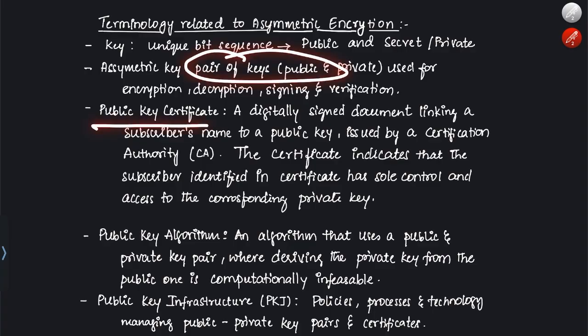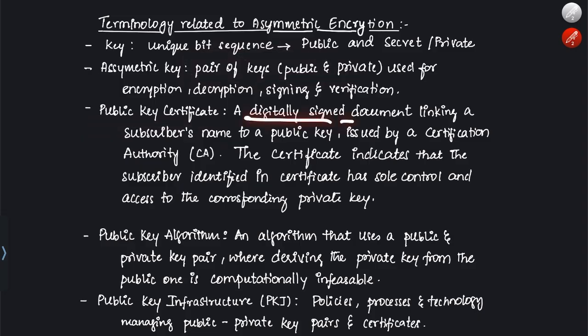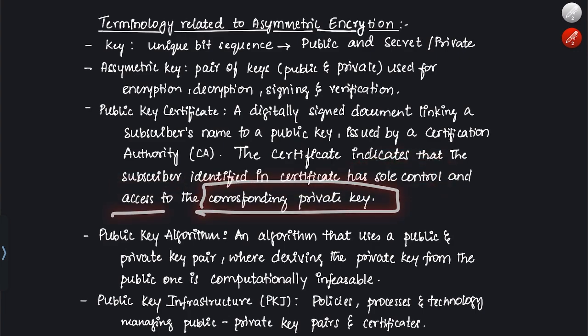Then we have the public key certificate. It is a digitally signed document linking a subscriber's name to a public key, issued by a certification authority. Any certificate approved by a certification authority has a public key linked to it. This certificate tells that the subscriber identified in the certificate has sole control of, or access to, the corresponding private key.